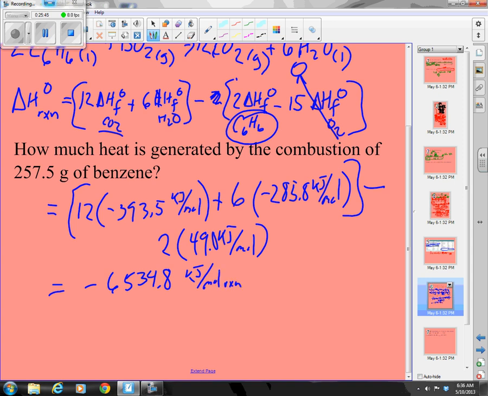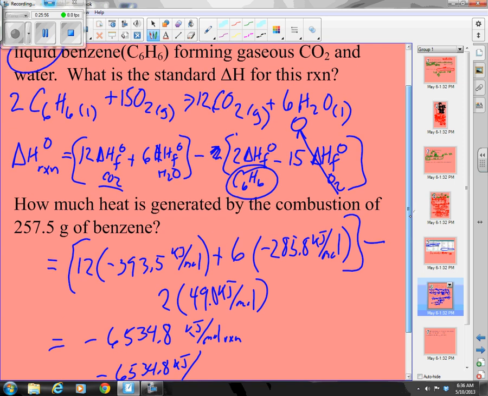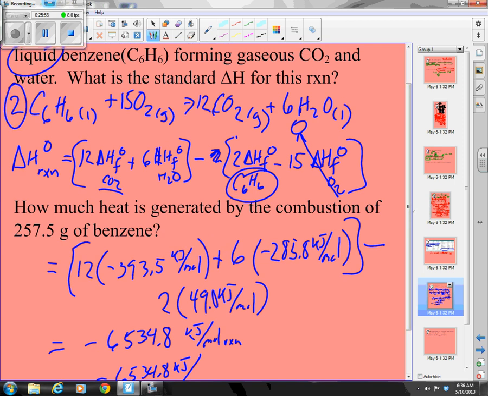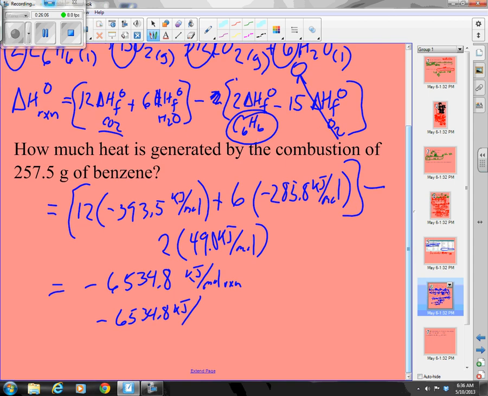Got it? And that would be what? It's also equal to negative 6534.8 kilojoules per how many moles of benzene? Well, per 2 moles of benzene, per 12 moles of carbon dioxide, per 15 moles of oxygen. But we'll write down per 2 moles of benzene.